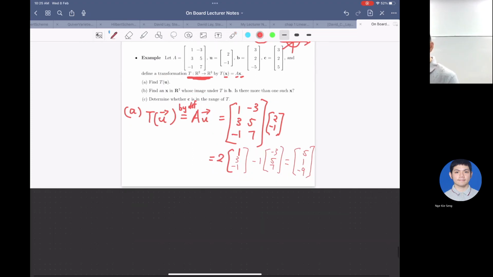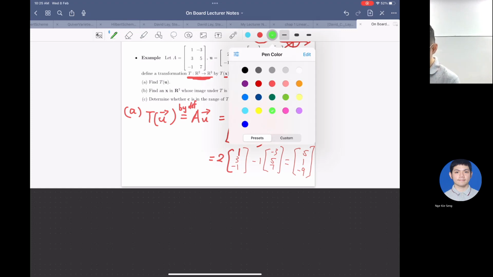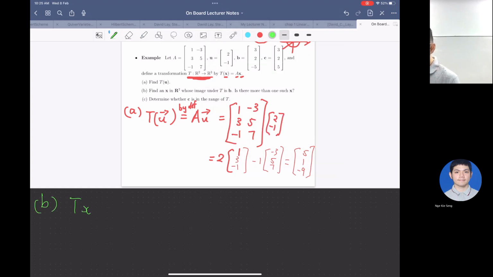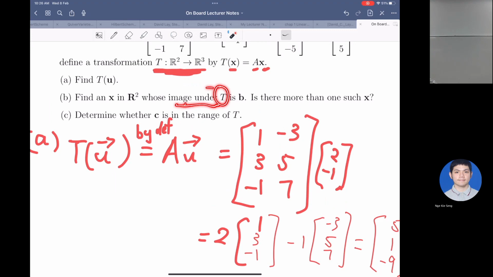Let's write down what it means. Find an x in R2 such that T(x) equals b. Image under T means T applied to x is b.